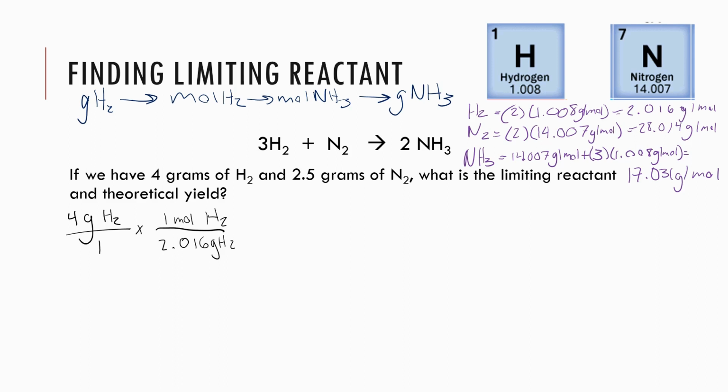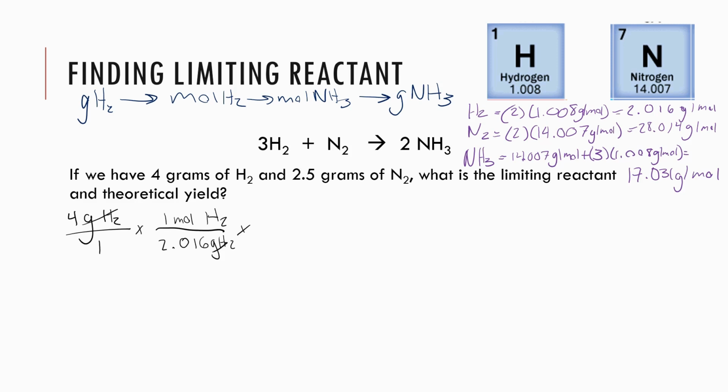We can cancel out grams of H2 with grams of H2, but we couldn't, for example, cancel out grams of H2 with grams of NH3. Even though those were both grams, they're in different compounds. So it's only when it's grams of the same compound, moles of the same compound, etc. So our grams of H2 cancel out.